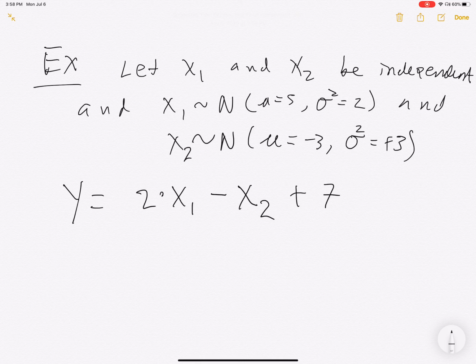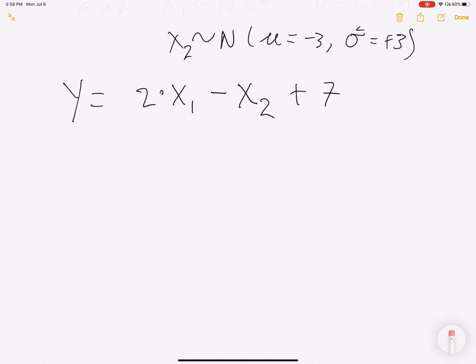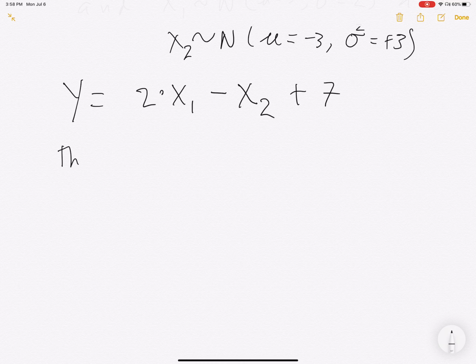So now I'm going to use all the theorems that we used before. I'm going to use Theorem 7.3.3, and I'm going to use it twice.